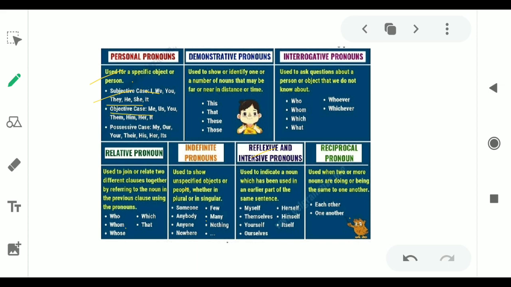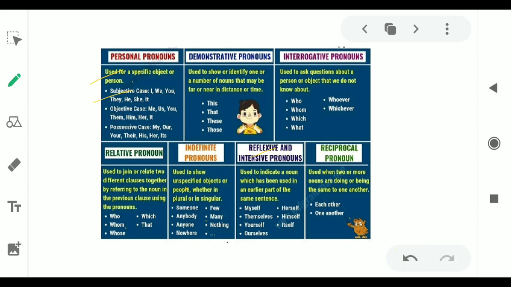Now in objective case, I becomes me, we becomes us, you remains the same, they becomes them, he becomes him, she becomes her, and it remains the same.